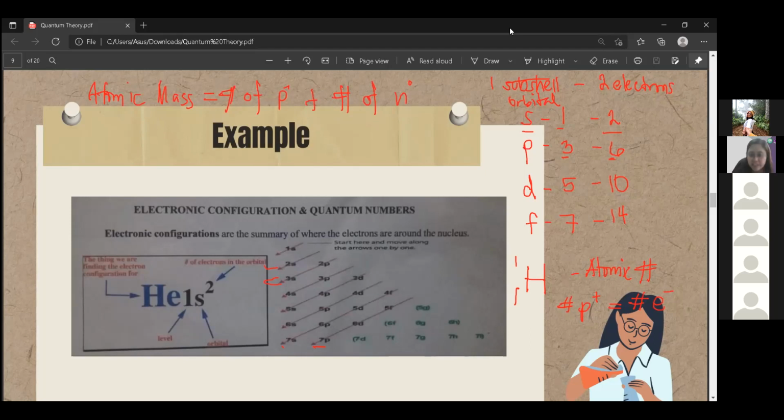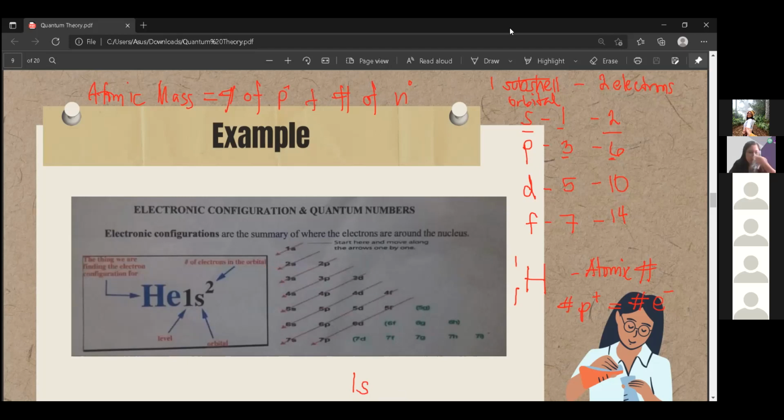So for hydrogen, ang kanyang atomic number ay 1, which means meron lang talaga siyang isang electron. Now, how are you going to distribute that one sa kanyang energy shell? Meron lang siyang isang energy level and that is 1. Kaya nga si hydrogen ay located sa period number 1. And for period number 1, S lang talaga ang subshell.